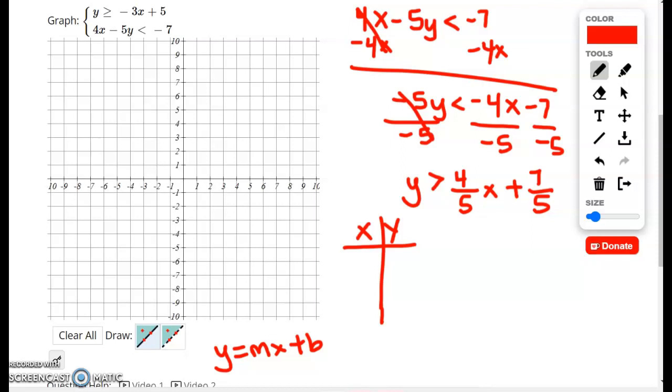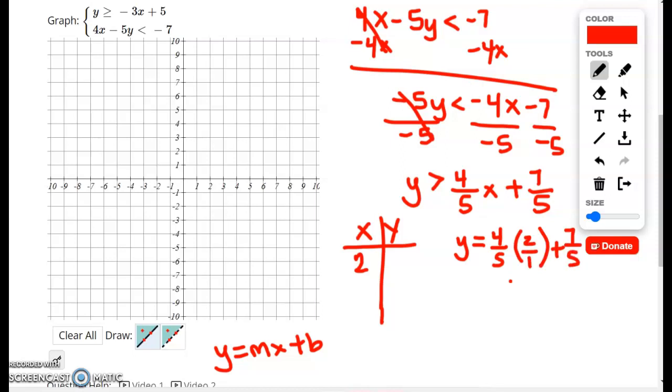Well, 8 is something I can actually get here, because if I plug in 2 for x, I'll get 8/5, right? So plug in 2 for x, so we solve that. We'll just put y equals for a minute while we solve. So y equals 4/5 times 2/1 plus 7/5.